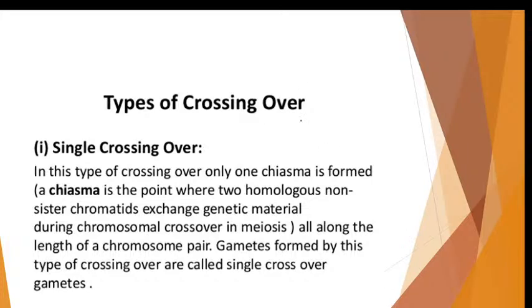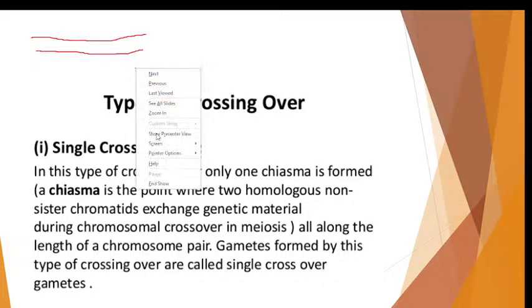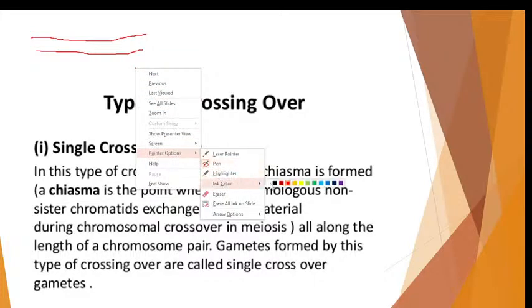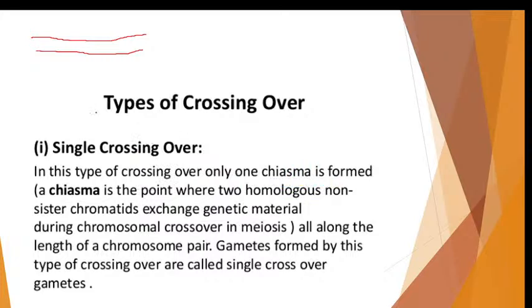Single crossing over means, for example, if you have 2 chromosomes aligning like this, let's see what's going to happen.